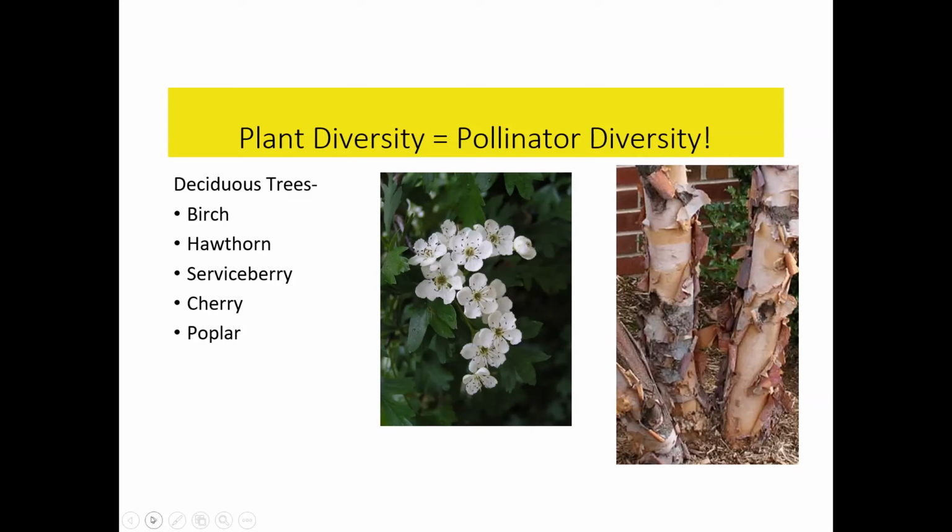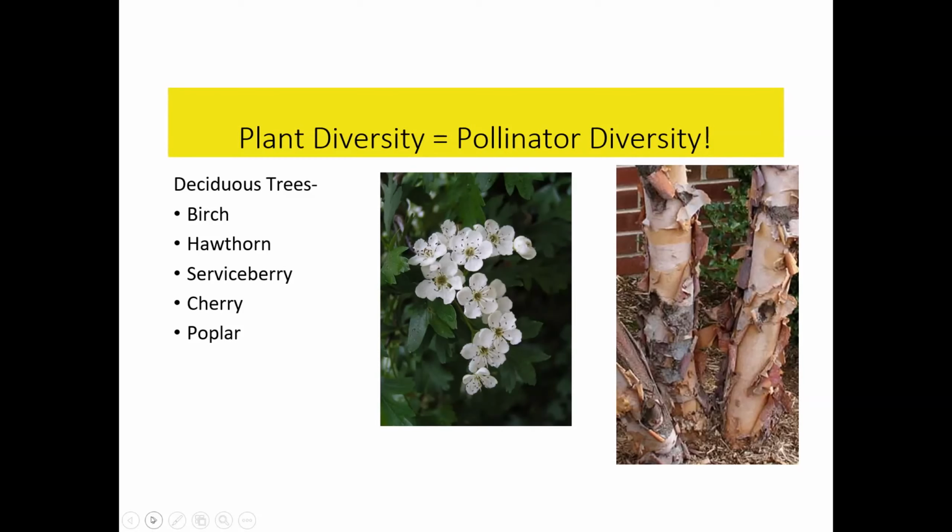Now, this pamphlet is not the be-all and end-all. The species listed in it are there because they are easy to grow and they have somewhat of a deer resistance to them. They're all native. So birch, hawthorn, serviceberry, cherry, poplar, these are all important food plants.